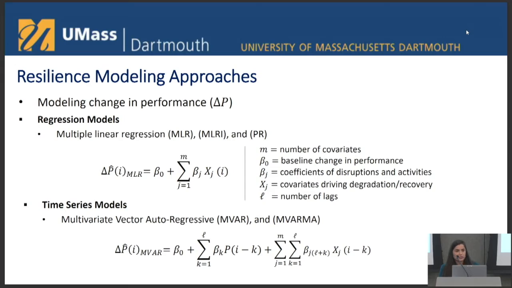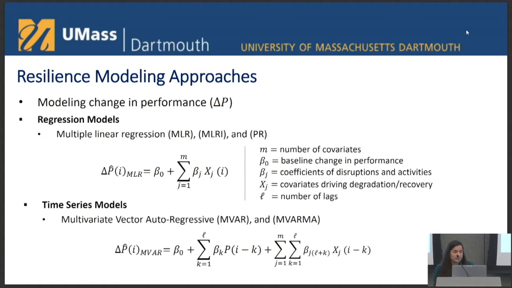Can be disruptive factors or restorative factors as well. So we need to identify those and plug in our regression equation and then predict the P at time step i. So it's pretty basic, and I'm considering 3 types of regression. It's multiple linear regression with interaction between covariates, and polynomial regression as well.